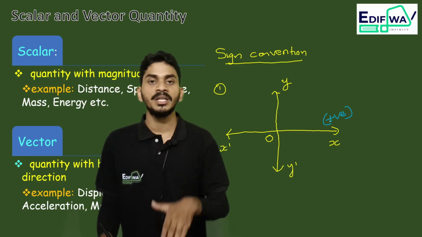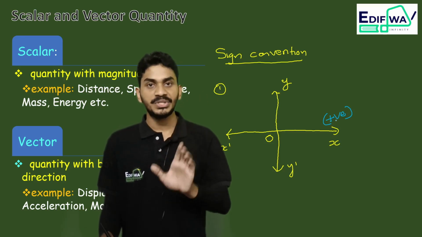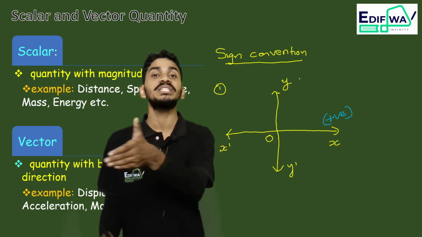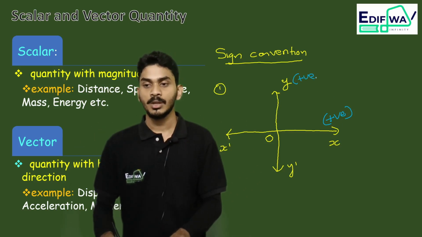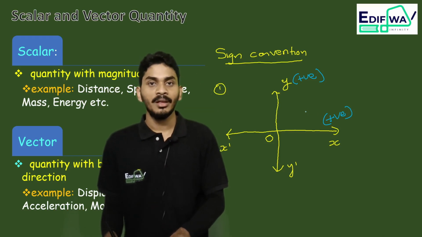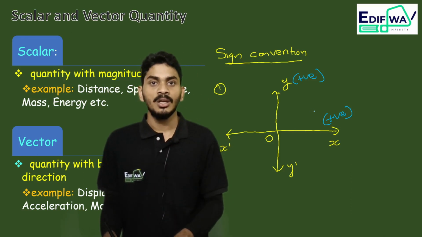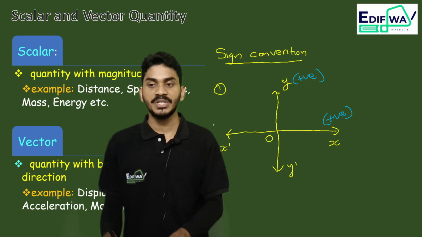His displacement, velocity and acceleration will all be considered positive because he is moving in the positive x direction. Now if somebody is climbing a ladder, then that is the vertical y-axis, positive y-axis. So that direction should be considered as positive.